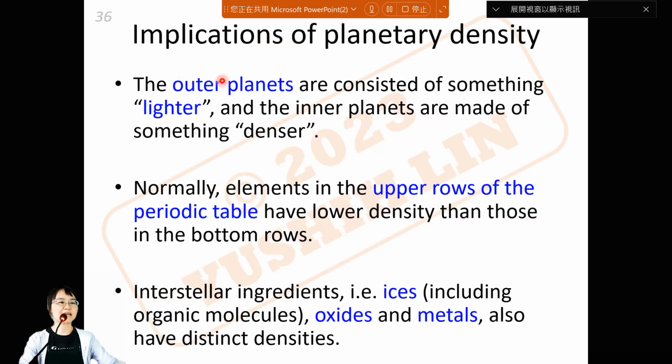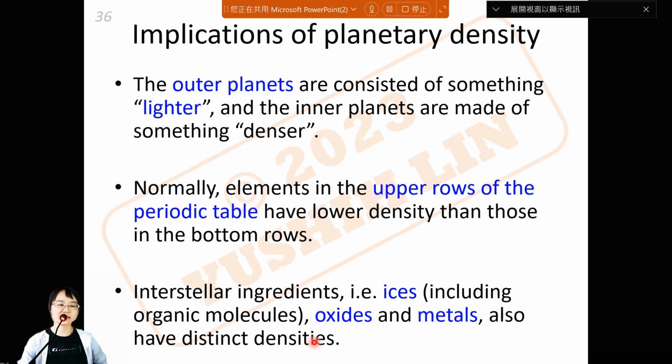Implication: the outer planets consist of something lighter, and the inner planets are made of something denser. That's what you will read from the density value. Normally, elements in the upper rows of the periodic table have lower density than those at the bottom rows. Interstellar ingredients, that is ice, oxides, and metals, all have distinct densities.